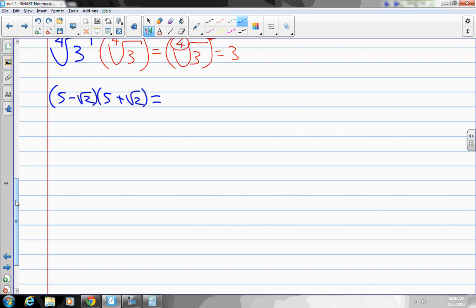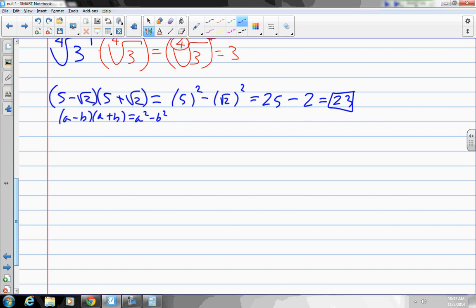This gives you 5 squared minus the square root of 2 squared. A minus B, A plus B is A squared minus B squared, right? Now, what does that equal to? What is 5 squared? 25. What is the square root of 2 squared? 2. What is the result? 23. 23 is a pretty natural integer, whatever you want to call that, right?